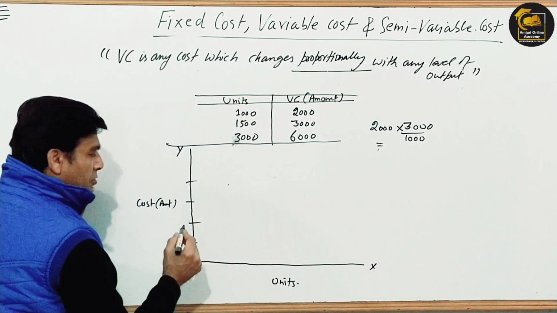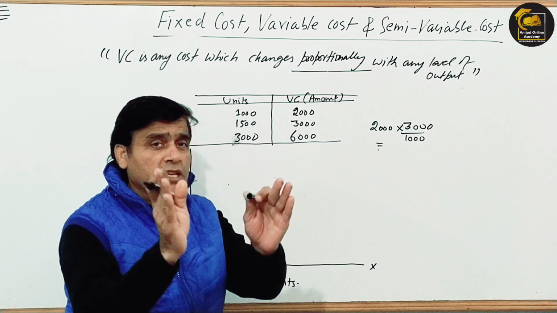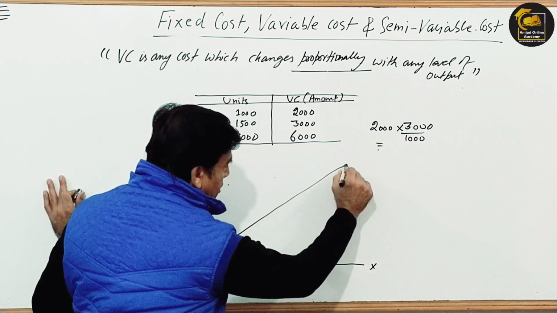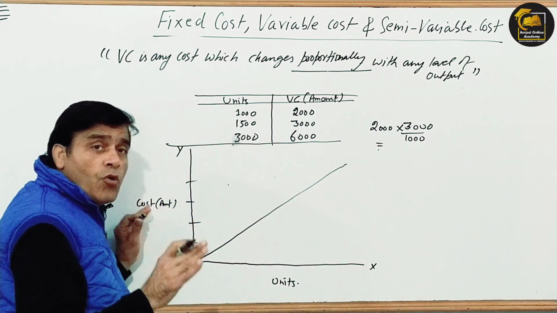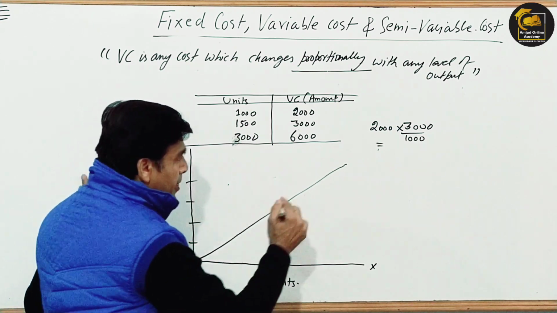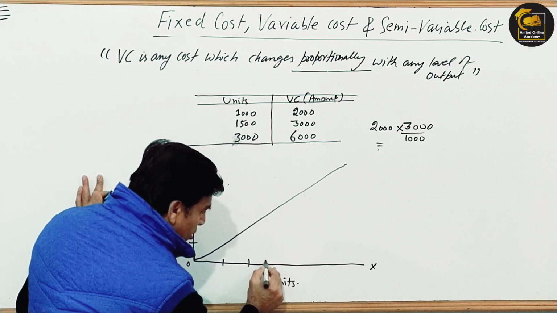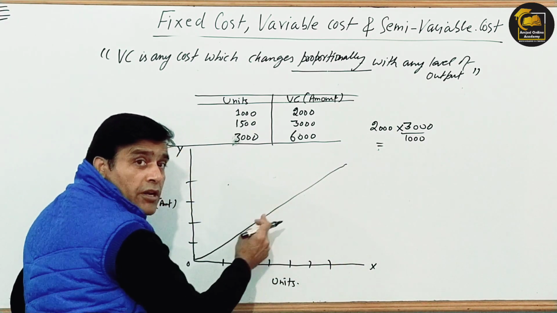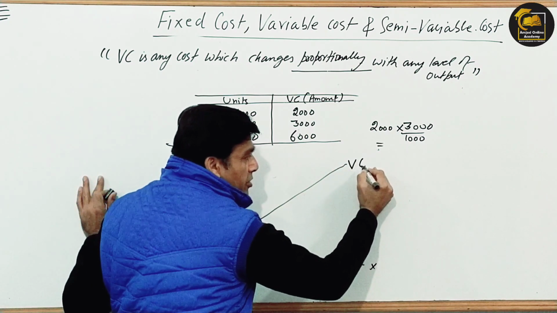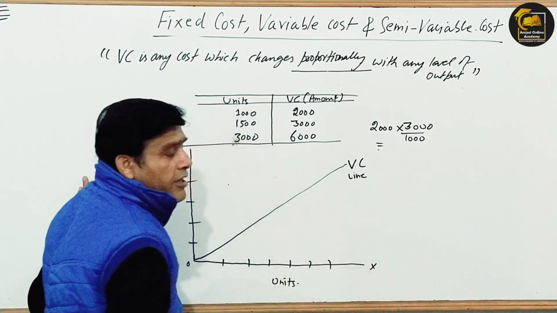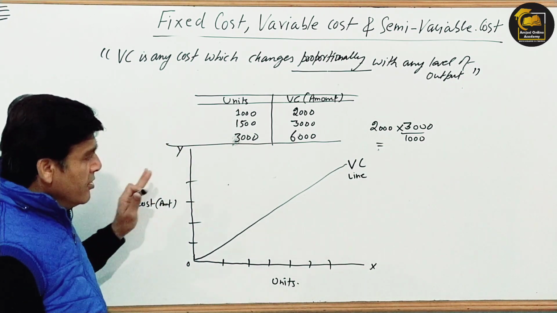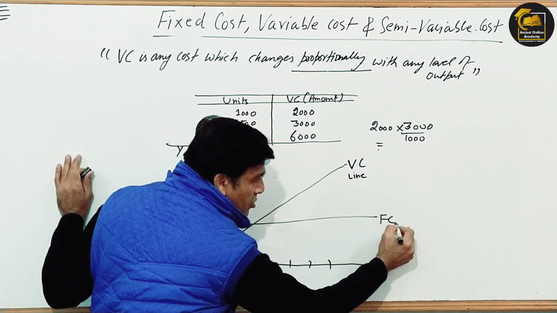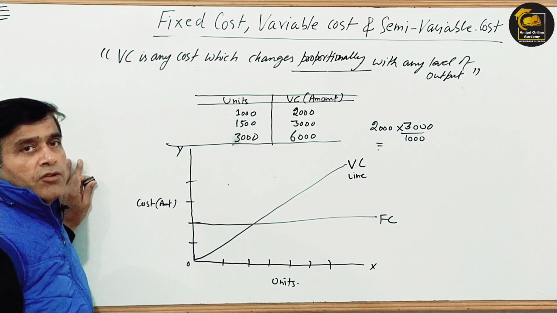When we say it has to change in the same proportion, the line of variable cost will be sloping upward, because as the number of units increases, it has to go upward, and as the number of units decreases, it has to go downward. So this is the total variable cost line or variable cost curve. As I showed you for the fixed cost, it looks like that for fixed cost, and this is how it looks for variable cost. All right.